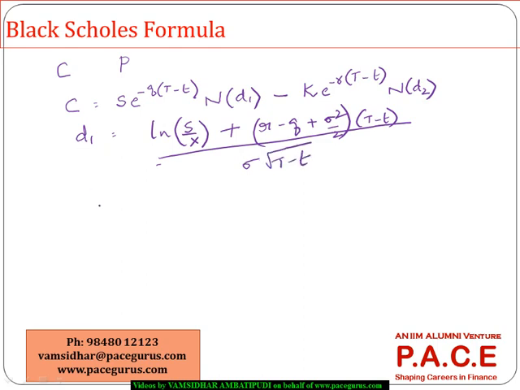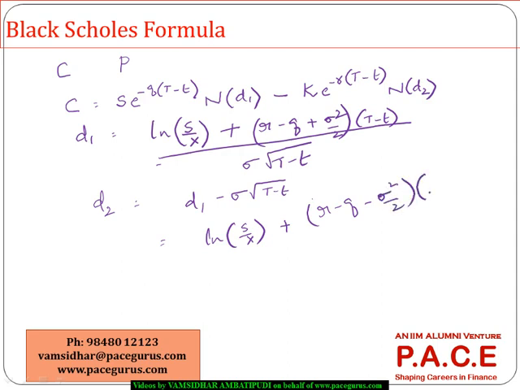This is what is coming out as d1, and d2 comes out as d1 minus sigma root (T minus t), which actually works out as log S by X plus r minus q minus sigma squared by 2, into (T minus t), divided by sigma root (T minus t).